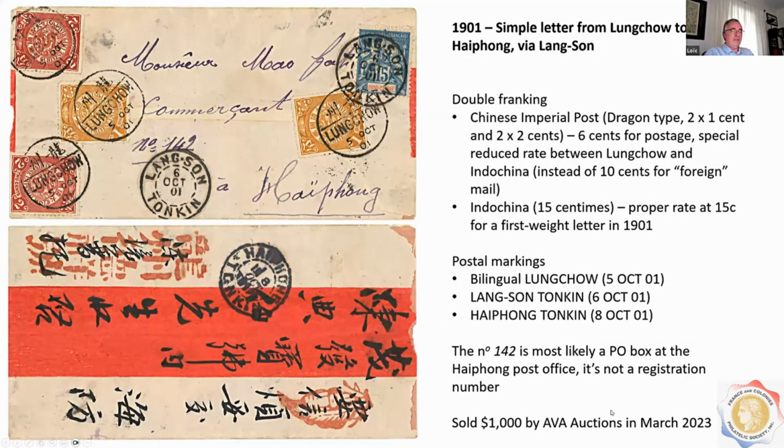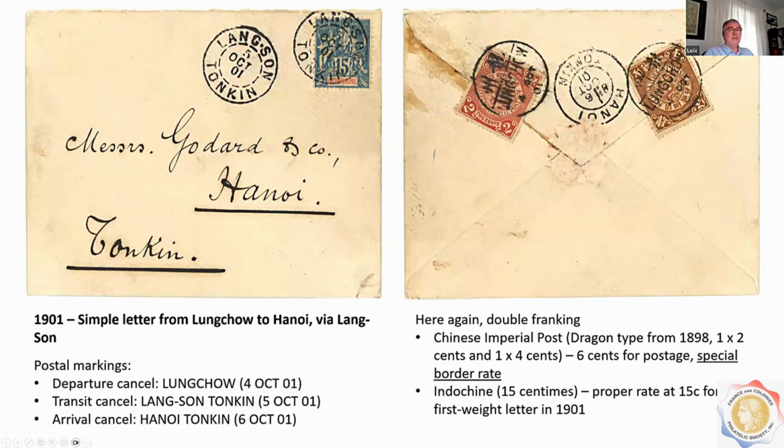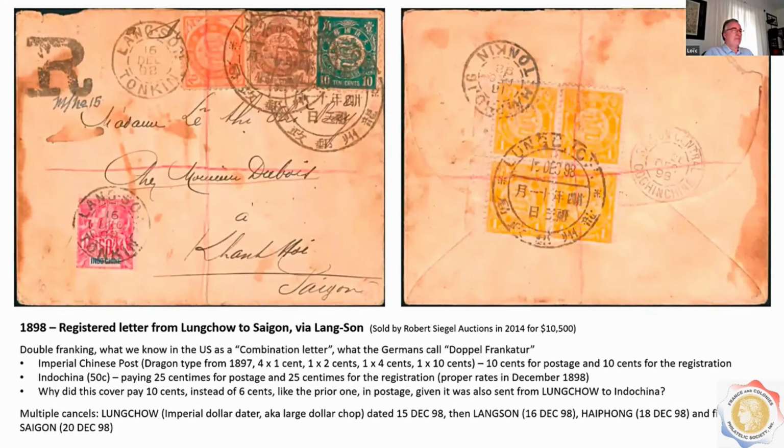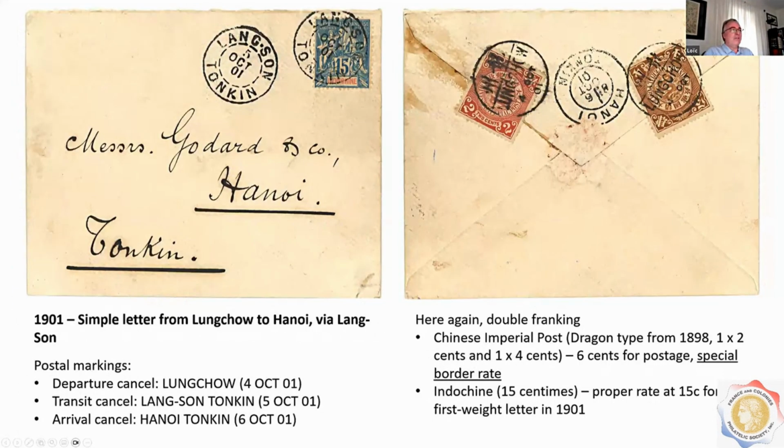And I added the prices that those covers go for on the market. I think the prior one, no, I don't recall. Maybe this one. Oh yeah, this one was sold for like $10,000 back in 2014. So definitely a valuable cover. It might be for the dollar shop here, the big data from Langzhou. I don't know, but those are pricey.